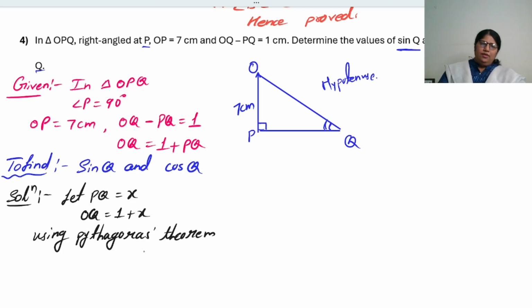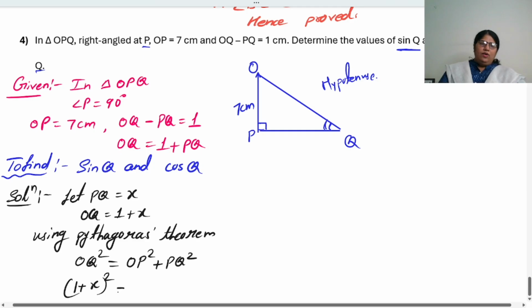OQ square, which is hypotenuse square, equals OP square plus PQ square. The length of OQ is 1 plus x whole square, OP is 7 square, and PQ is x square.